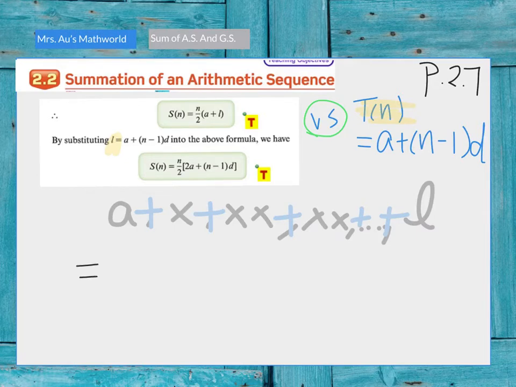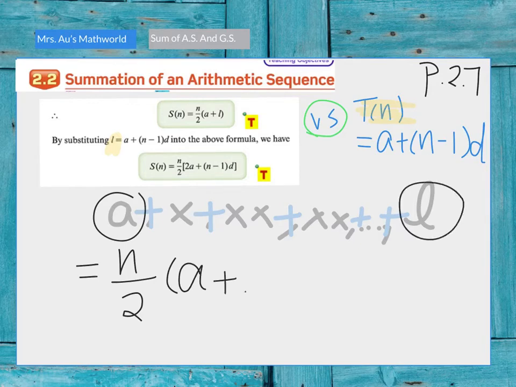Sn means you know how many terms, n terms. So n divided by 2 times (a plus the last term L). When you use it, remember it has to be an arithmetic sequence.